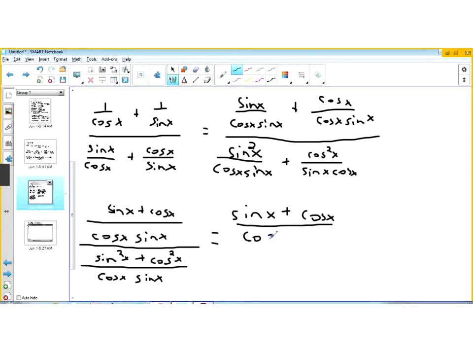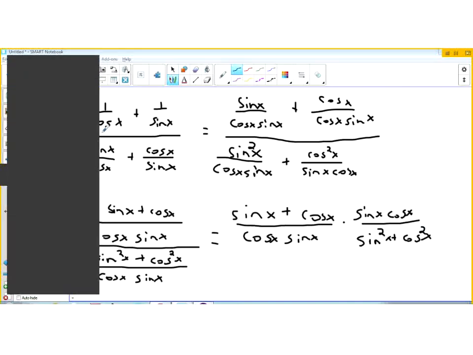Okay, so if we do that, taking the reciprocal of the denominator, we'll have this.